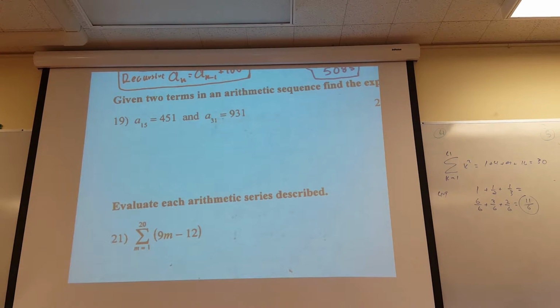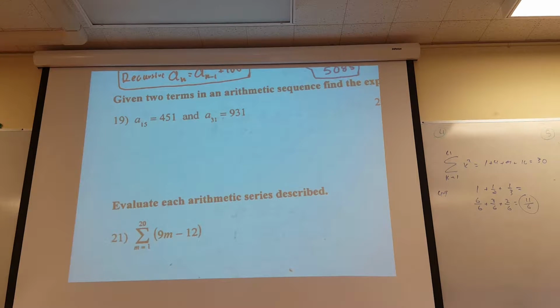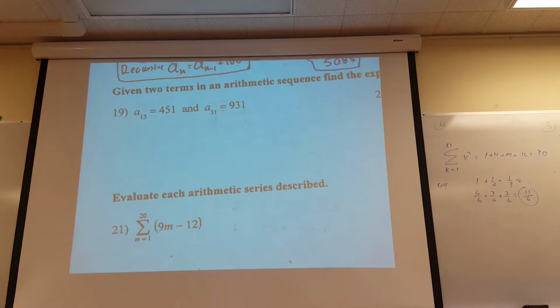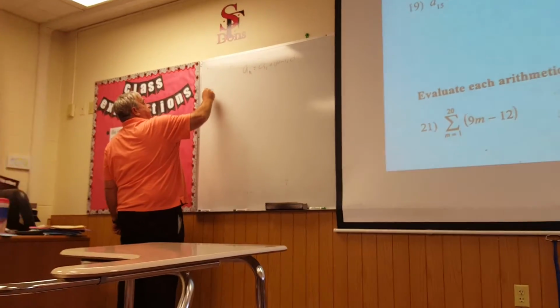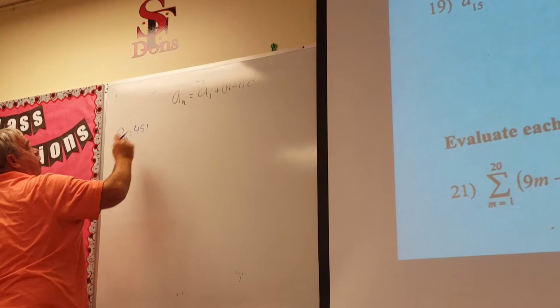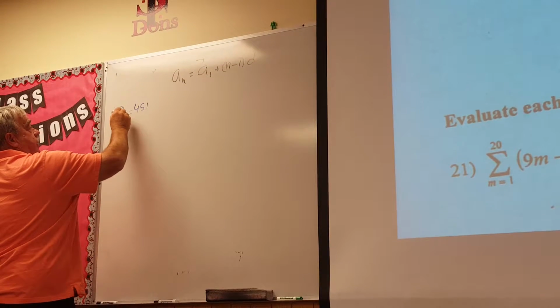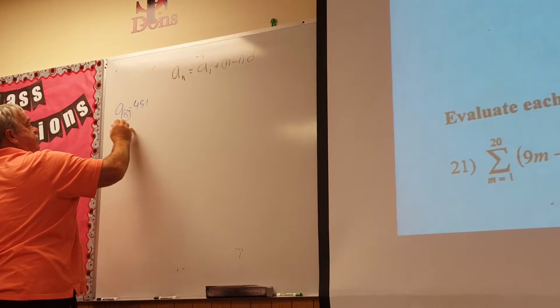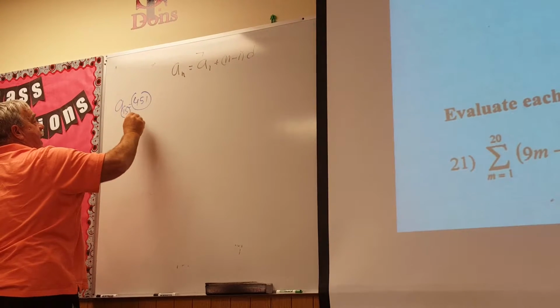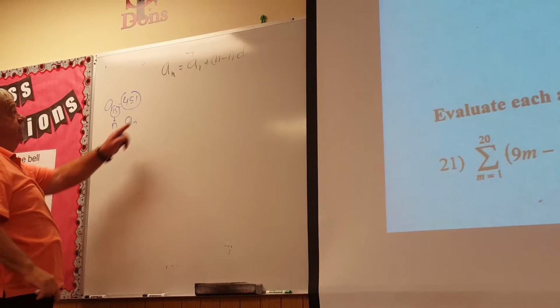The explicit AN equals A1 plus N minus 1 times the difference, okay? Now, they tell me that A of 15 equals 451, okay? Now, see, this is N, and this is A to the N, up in here.